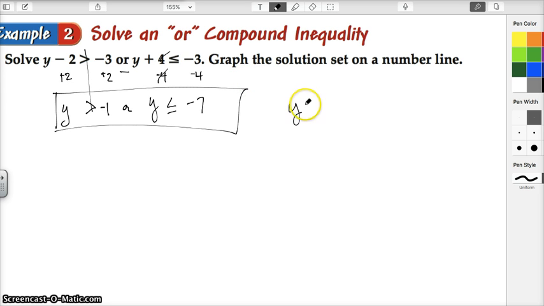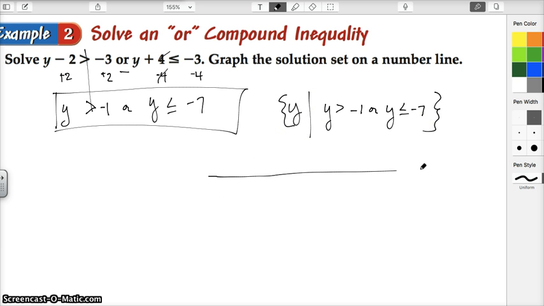So I could write my set builder notation as y such that y is greater than -1 or y is less than or equal to -7. Both are acceptable, and when I graph those, I'm going to graph both concepts together and see what it looks like. So if y is greater than -1, here's -1.